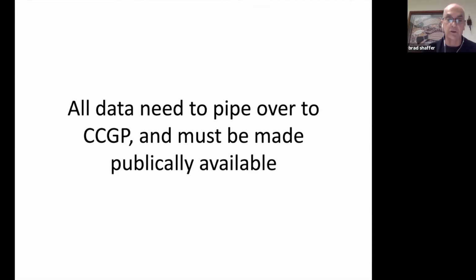That's so that we can push them through our pipelines and take a lead on organizing and developing those big, massive, we hope, hugely important papers that we'll all be a part of. But the data need to get over to us, okay?